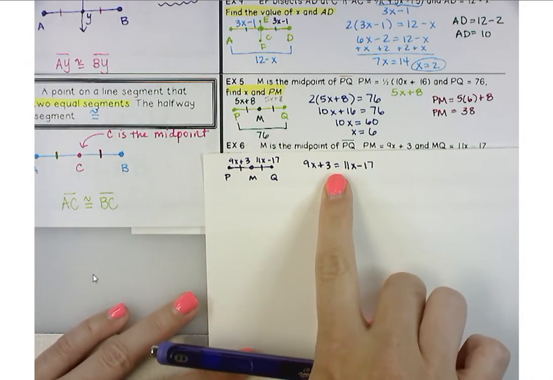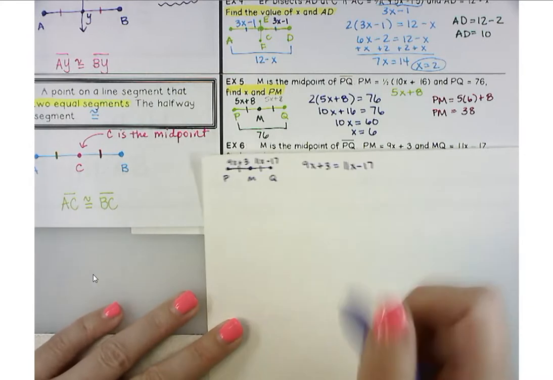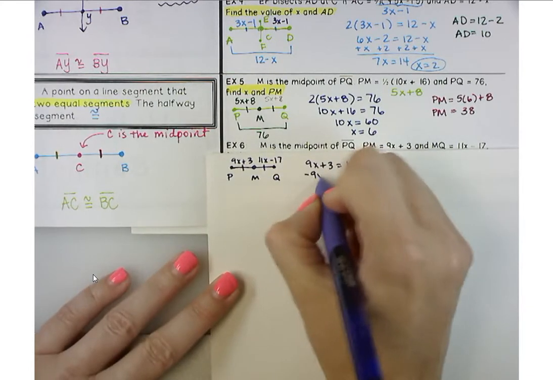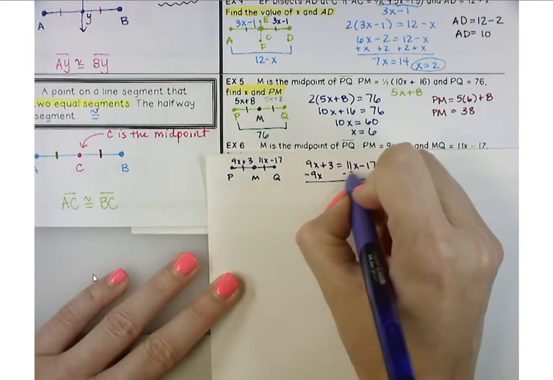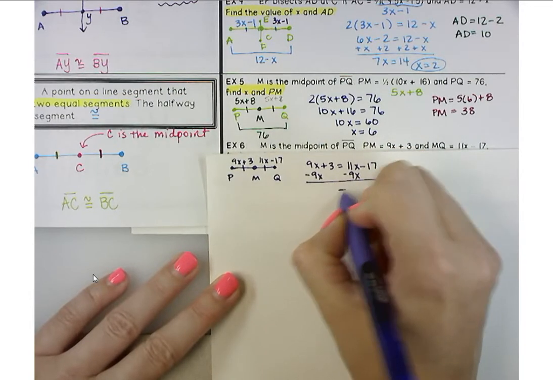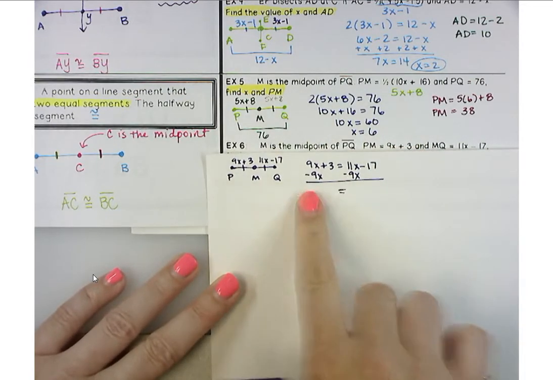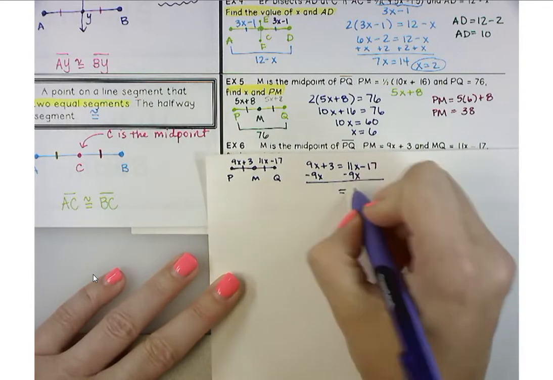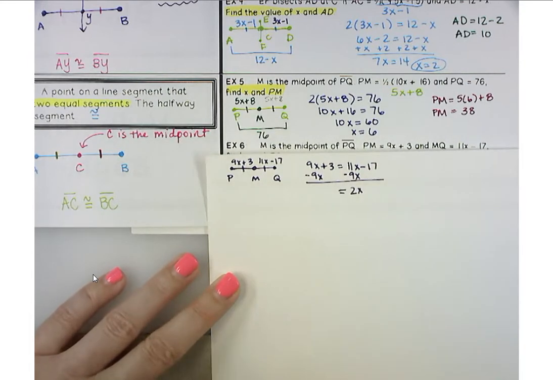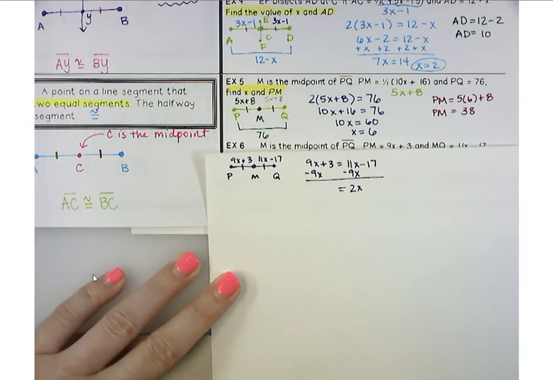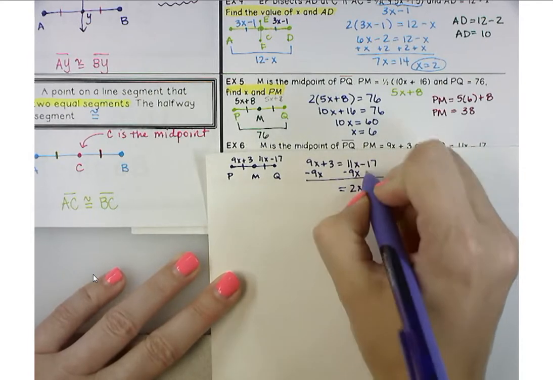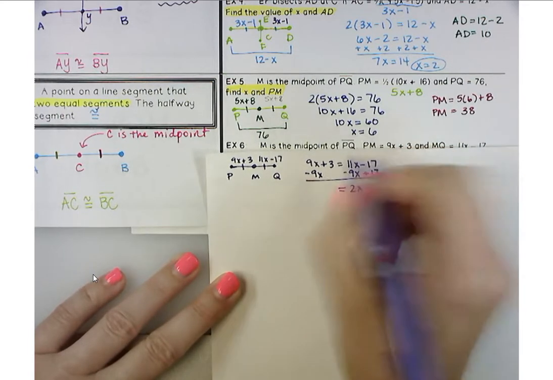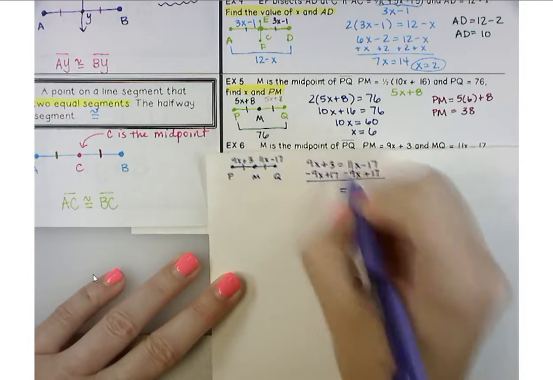So then once I set that up, you choose where you want to move your variables. I like to keep my variables positive when possible, and then see how I'll move my x's first. And then after that, I'll move my numbers. So if my x's are on this side, then I know that I'm moving my numbers to the other side.